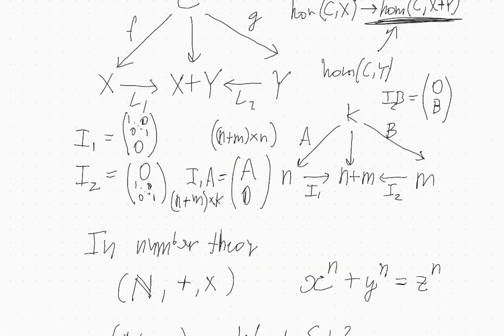So recall the definition of a terminal object. It says that an object X is terminal if for any other object C there is a unique morphism from C to X. Do you see this as a way to say that X has a unique generalized element?